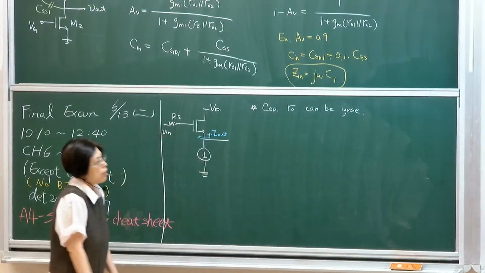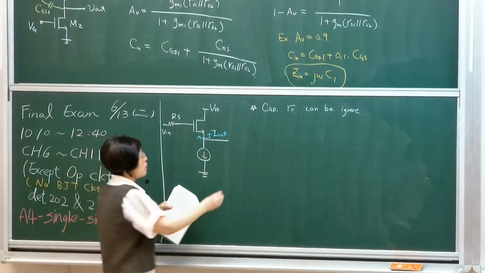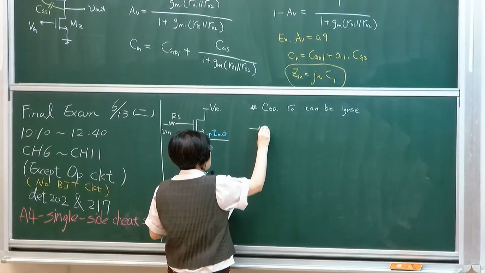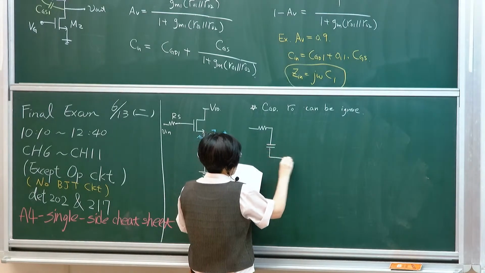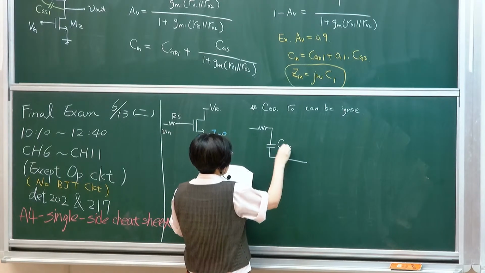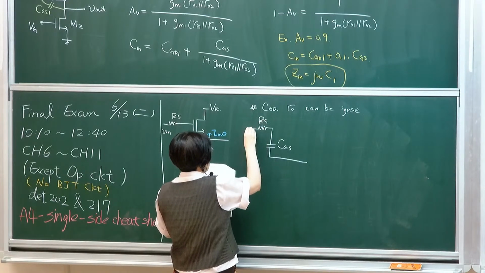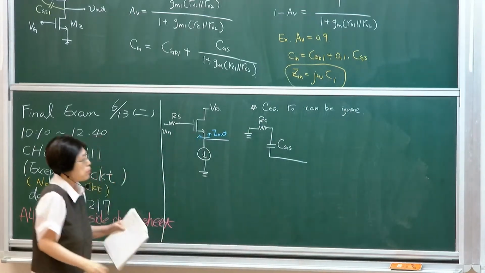So let's draw our equivalent circuit and our test circuit. It will look something like this. I have CGS, RS. The input is ground when I look at output resistance.